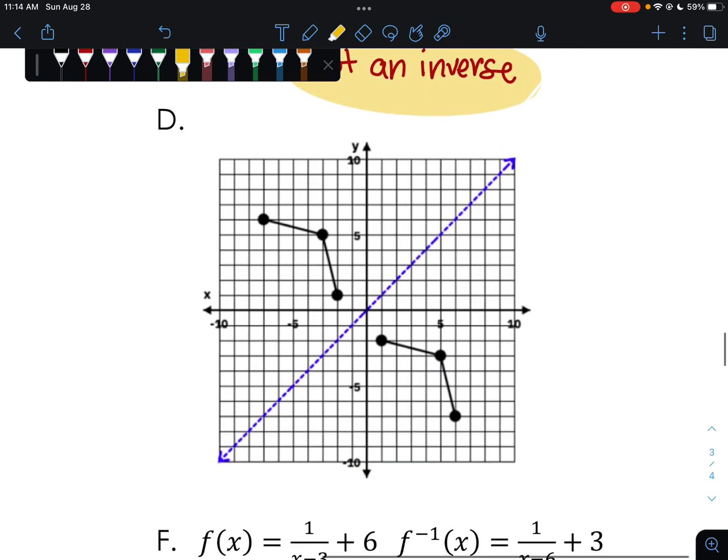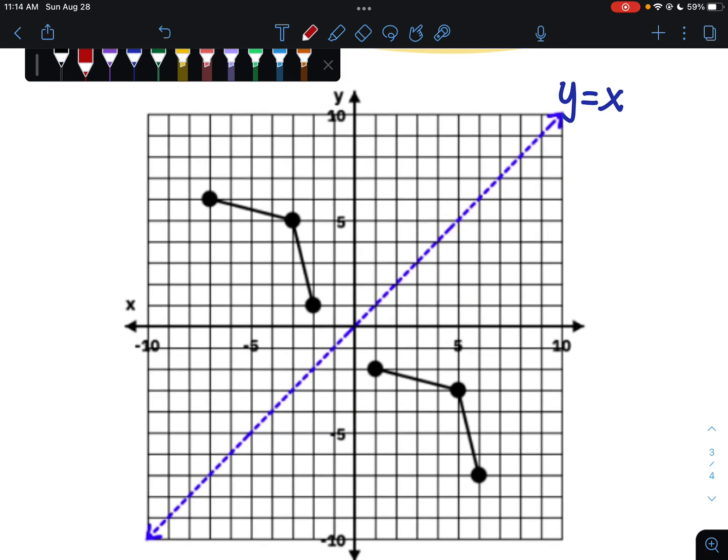If I look at D, this time it is using the correct line, y equals x, but we need to check the points. So remember what we do is we label the points that we have. Let's start with the ones up top. So I go to -7, 6.